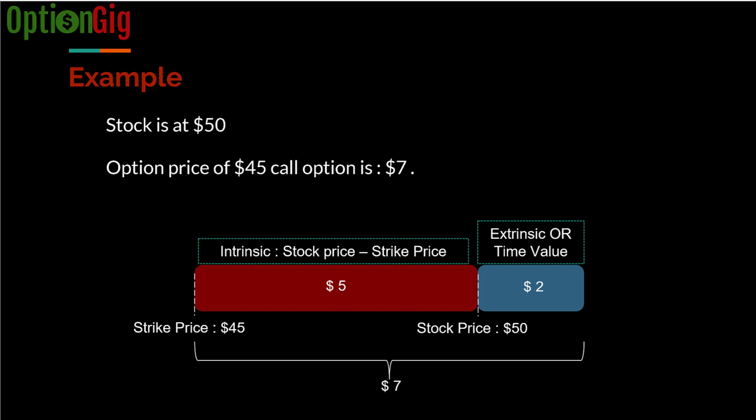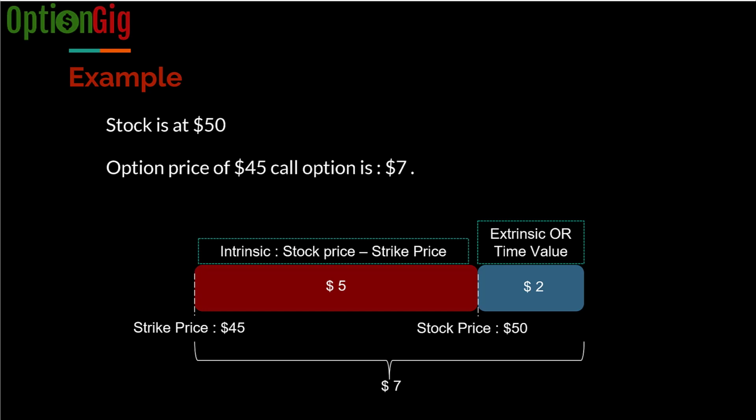Means if you exercise your call option, immediately you're gonna make $5, because you can sell the shares in the stock market at $50 after buying the stock at $45 by exercising your call option. So that is the inherent value which is embedded in that option contract, because that option contract immediately gives you $5 profit. So that is why the $5 is coming from the intrinsic value.